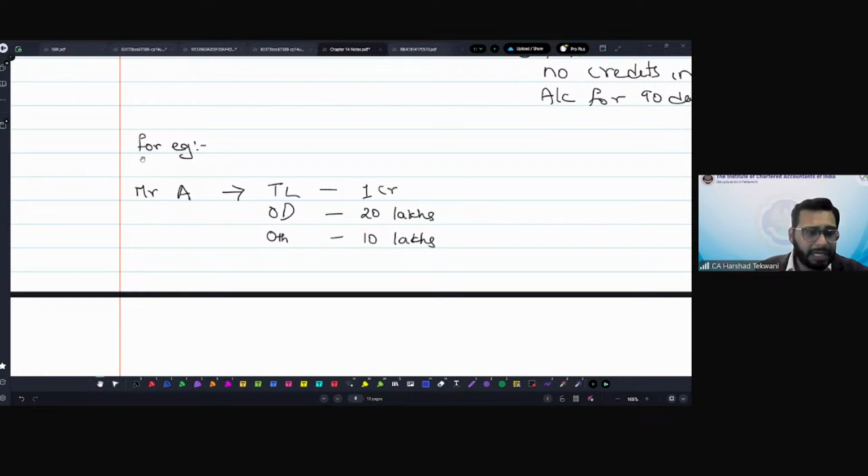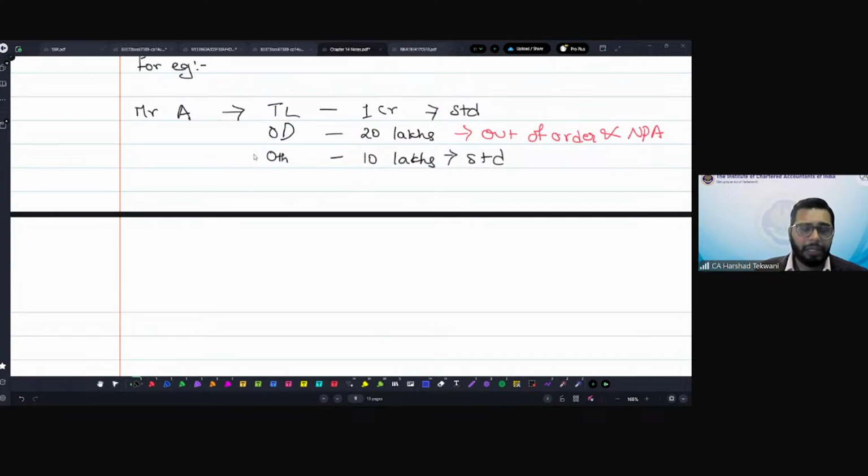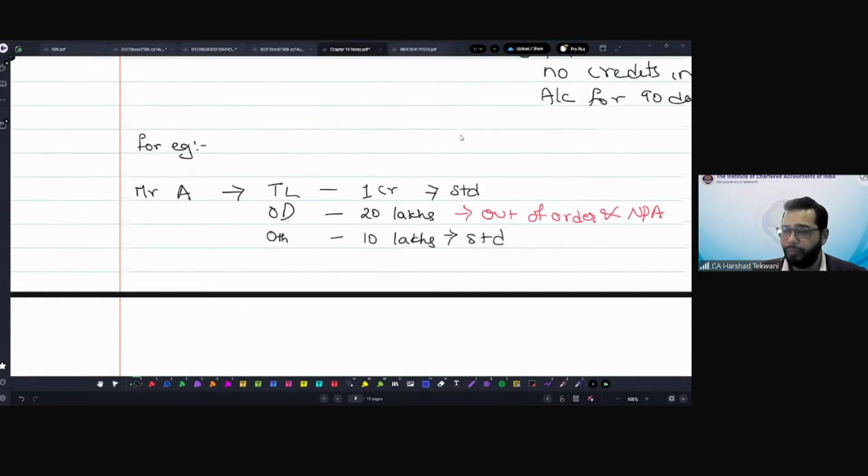Now this particular overdraft over here is out of order and NPA. Now these two accounts are standard, no issues with that. Now the question is, how do you classify these other accounts also?